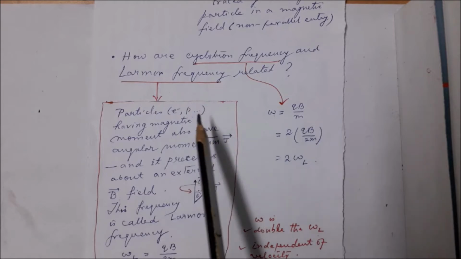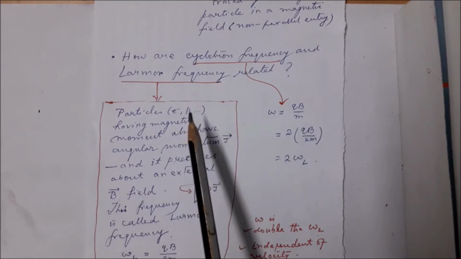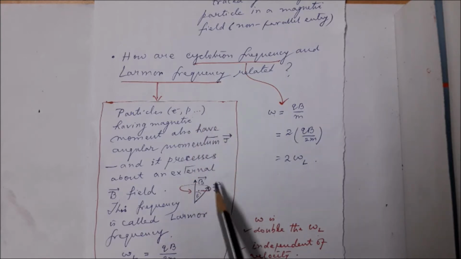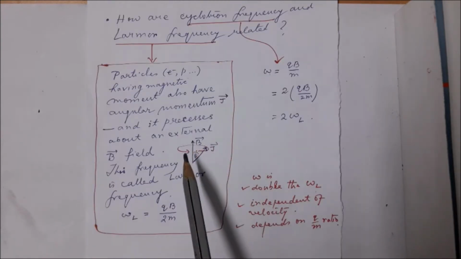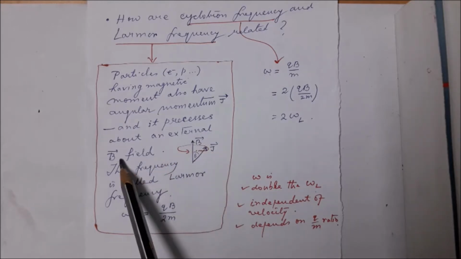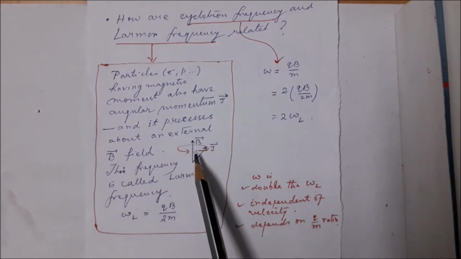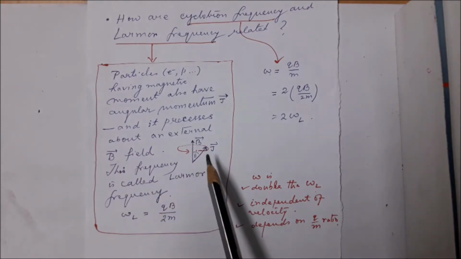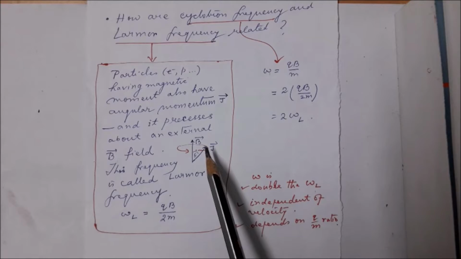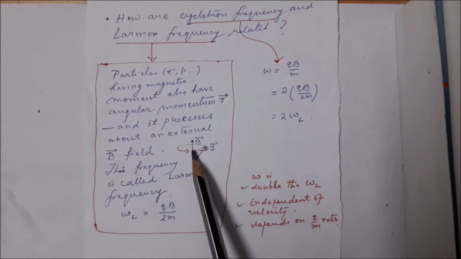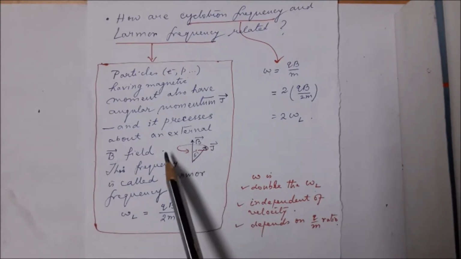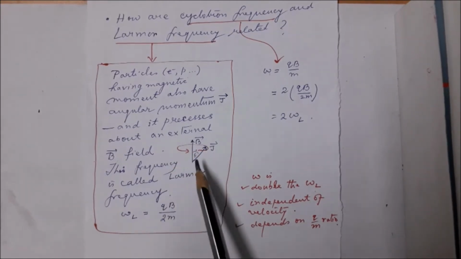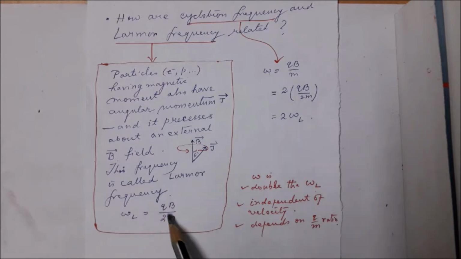A particle, say an electron or a proton, has a magnetic moment and hence an angular momentum J. Now, if a direction is imposed upon it, say through the application of a B field, then that J will precess about B with a frequency which is called Larmor frequency, and we can prove that it is half the cyclotron frequency.